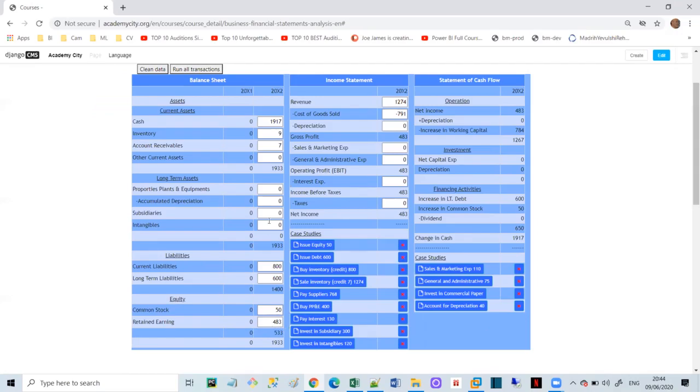One more time, the assets went up by this difference because the inventory went down by 791 and those two together went up by 1274. The side of the assets went up by that difference. Therefore, my profit for the equity owners, which is 483, is going up too.